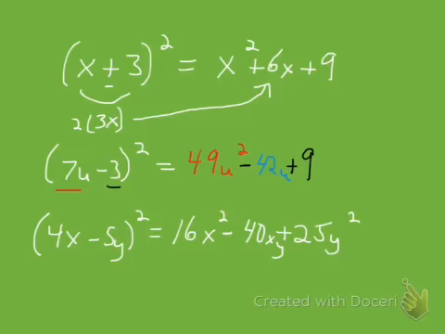Alright, let's look at one more. We've got 3p squared. I'm not even sure I want to do this one with you. We'll try. 3p squared minus 2q squared, and all of that is squared. Okay, I'm going to write it underneath because of space. Alright, 3p squared to the second power.